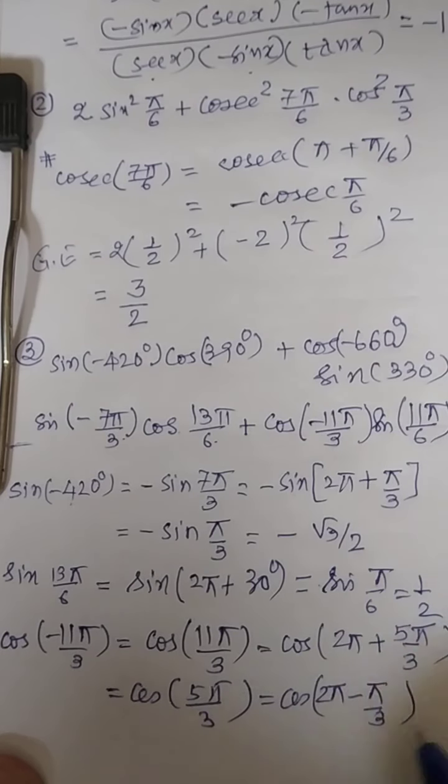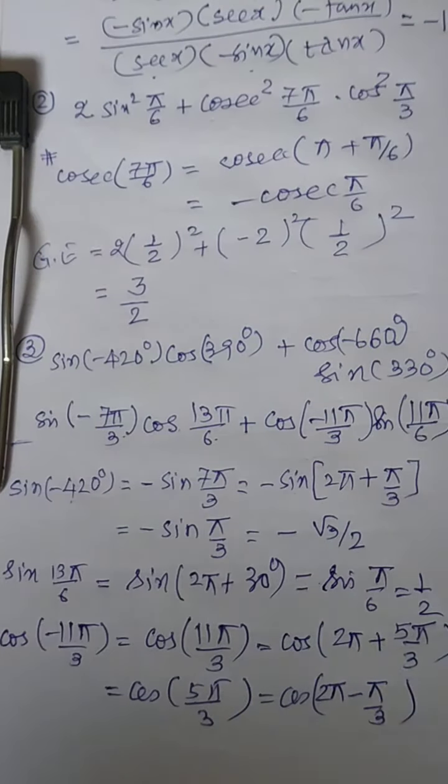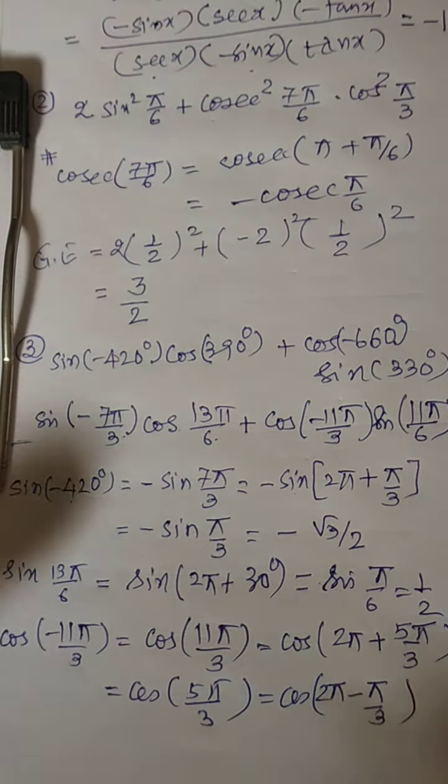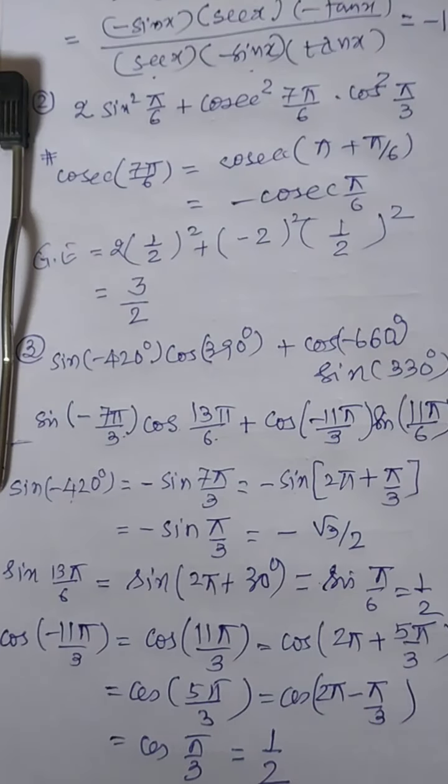What is the formula for cos of 2 pi minus theta? Recall that. Remember, no? Cos of 2 pi minus theta is cos theta. And then it will be cos pi by 3. And the final answer is coming over there. It is also half.